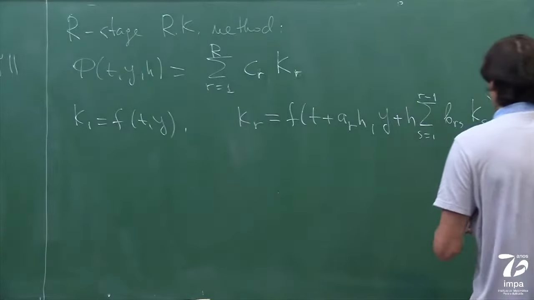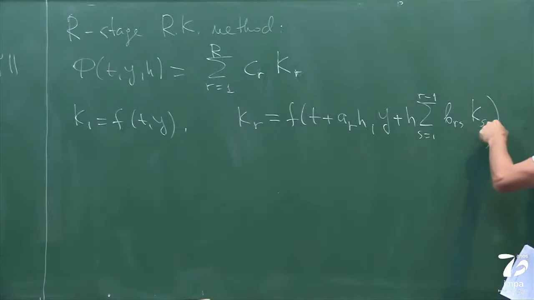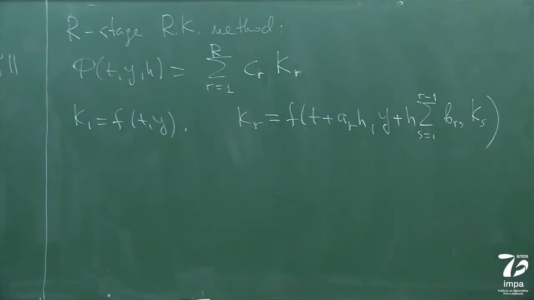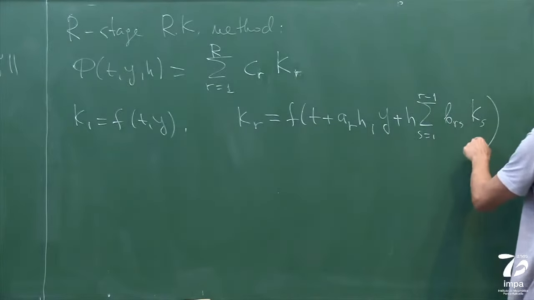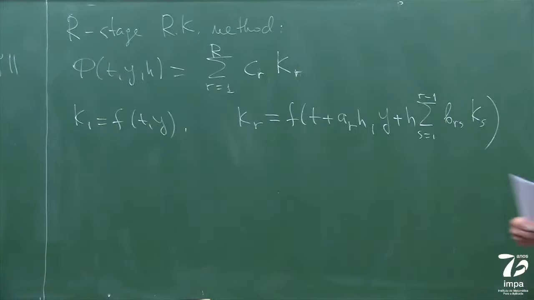And you see, in order to compute the next k_r, you need to know all previous k's, which you put as an argument. So this is a stage. That's why we say stage. Every time we iterate the function, but using the previous computations inside the argument. So every time is a composition. So these are our compositions of the function.